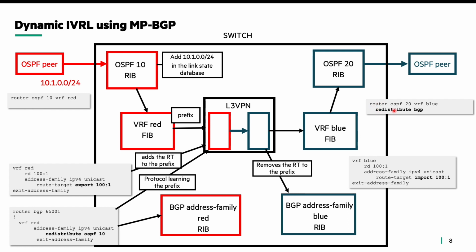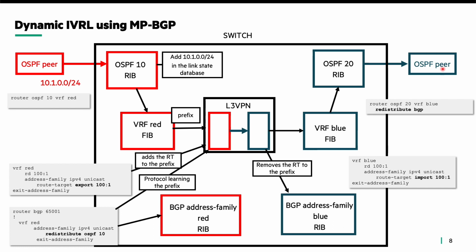Now, if we want the routes to be in OSPF, so here we have an OSPF 20 process for the VRF blue, we need to import the BGP route. So the prefix was in the BGP address family. We redistribute this route, and then this route can be advertised to the OSPF peer in the VRF blue.